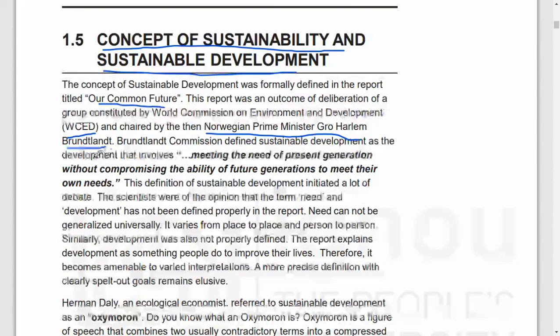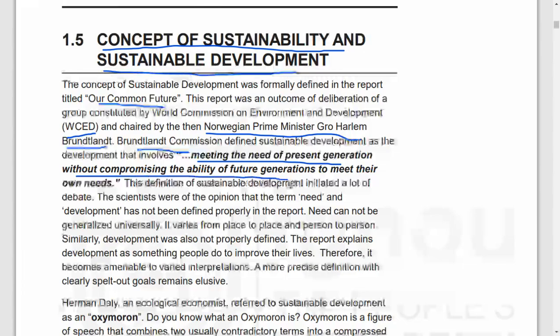The Brundtland Commission defined sustainable development as development that involves meeting the needs of the present generation without compromising the ability of future generations to meet their own needs.